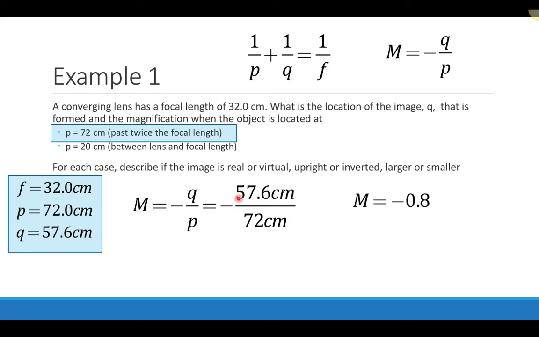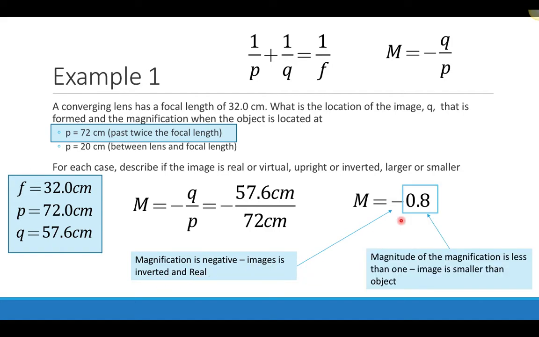If I divide 57.6 by 72, I get 0.8, with a negative sign out front from the minus in the formula. The negative sign tells me the magnification is negative. When the magnification is negative, the image is inverted and real. The number itself, without the sign, is less than 1, which tells me that the image is smaller than the object.